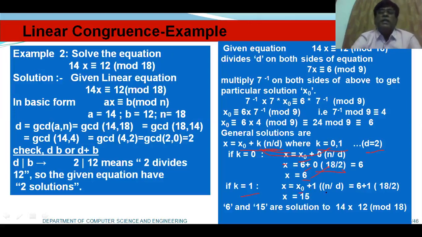Already n value is 18, d is 2, that means 9. 6 plus 1 into 9 is equal to 15. So the general solutions for the given equation are x equal to 6 and x equal to 15. These are the two solutions. Like this, we can find a particular solution or general solution for the given equation.